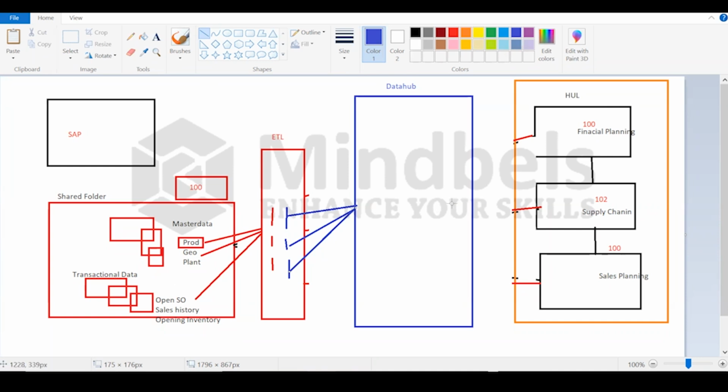From this data hub, we are just pulling whatever information we need to the different spoke models.